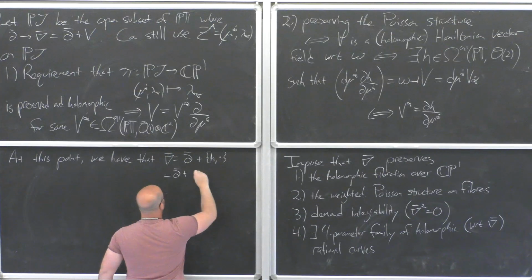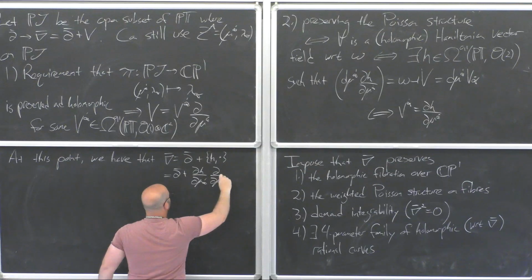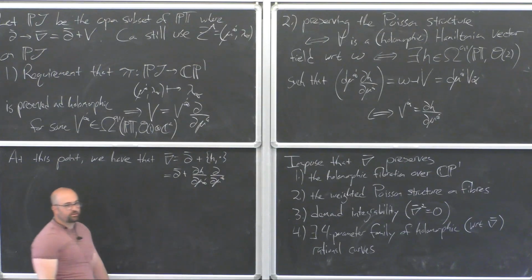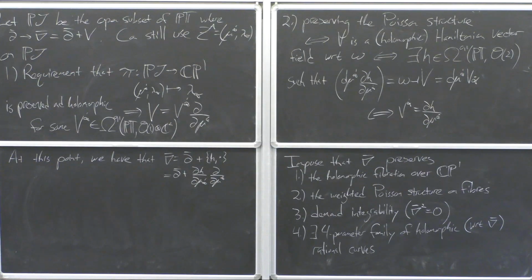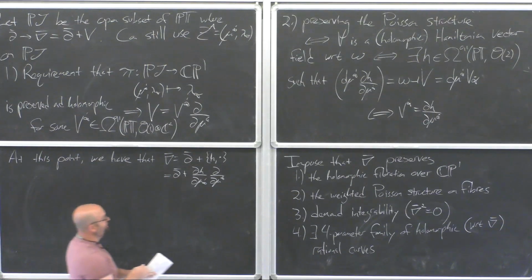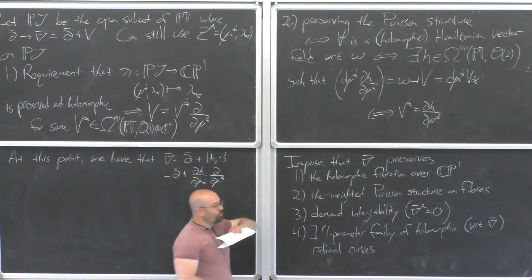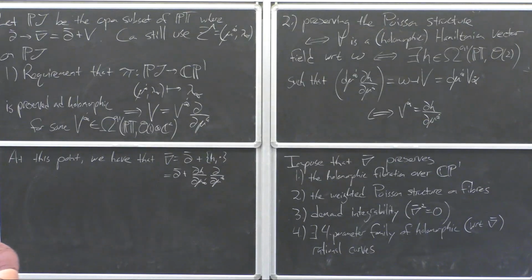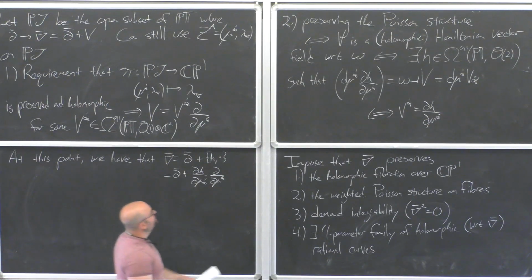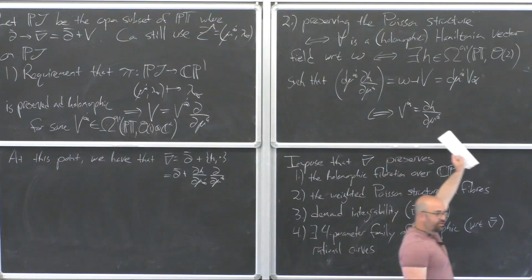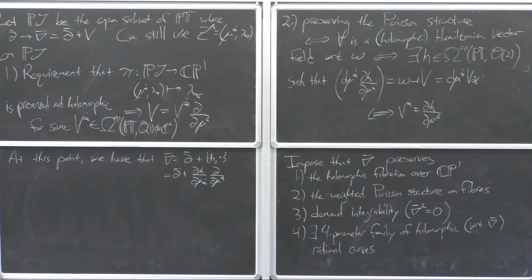So this is just dh by d mu. Okay? So the complex structure deformations that are compatible with preserving the holomorphic fibration over P1 and the weighted Poisson structure on the fibers of that fibration are parametrized by 0,1 forms on the undeformed twistor space of weight plus 2. Okay?